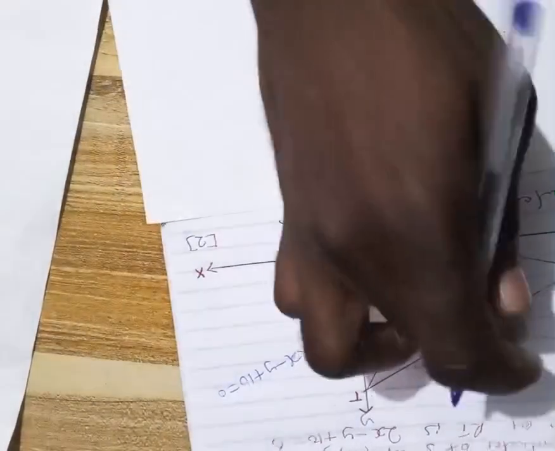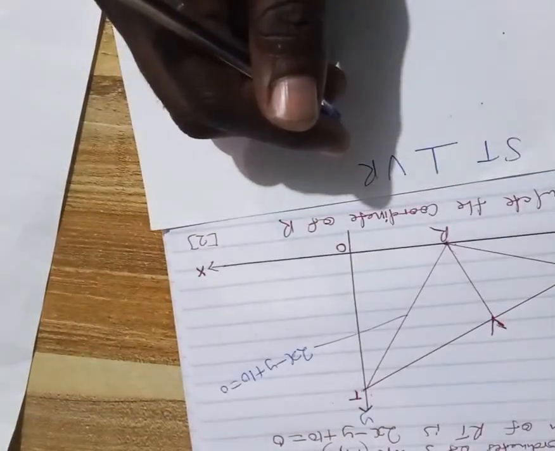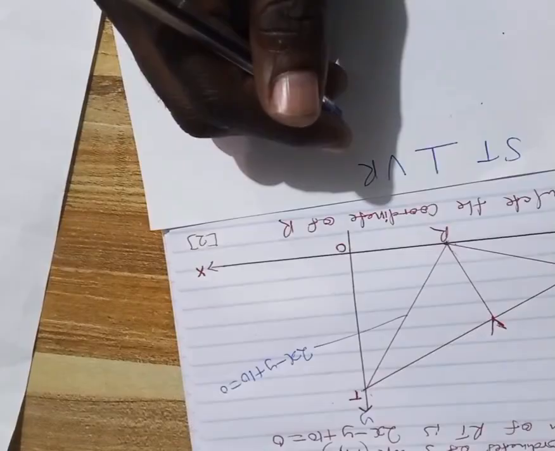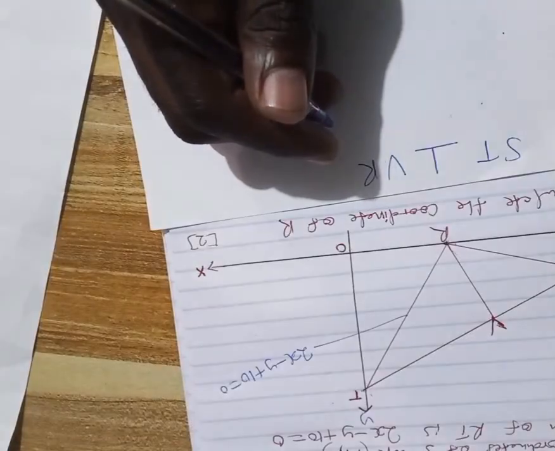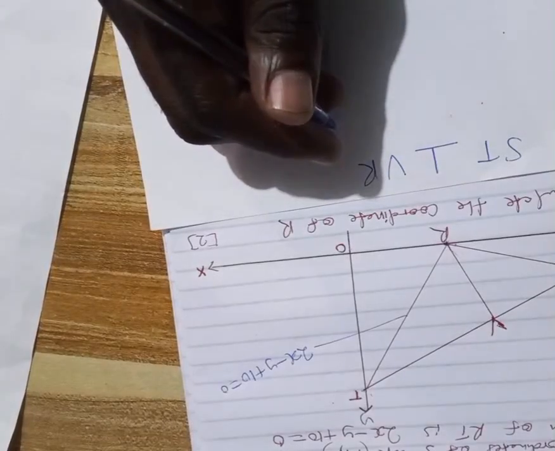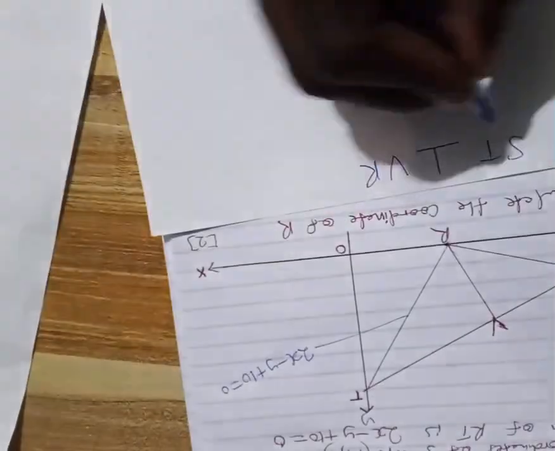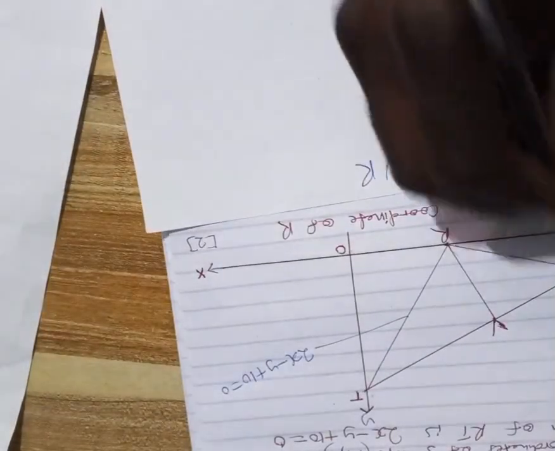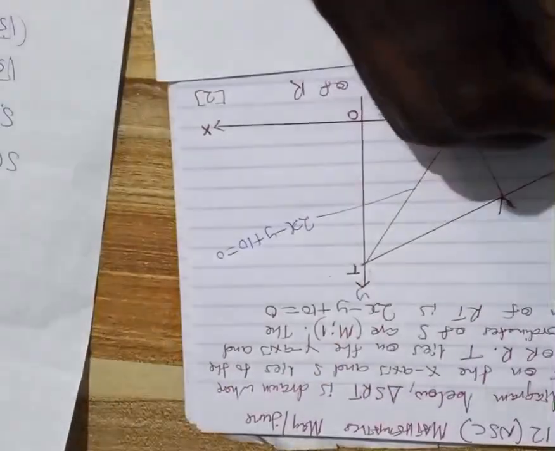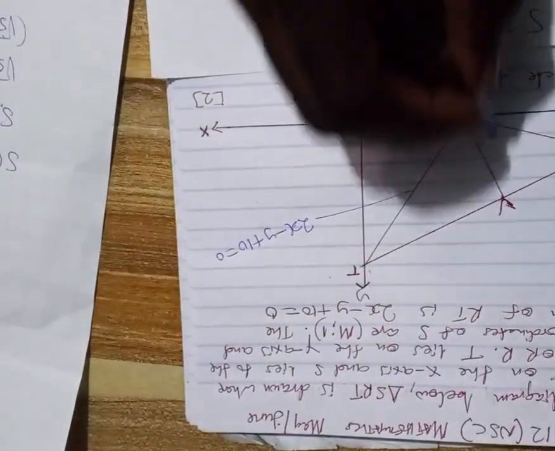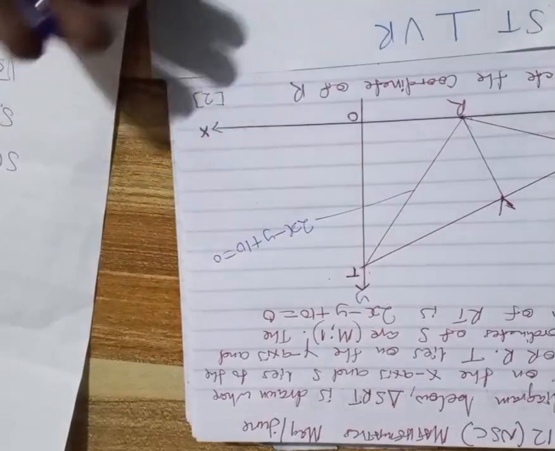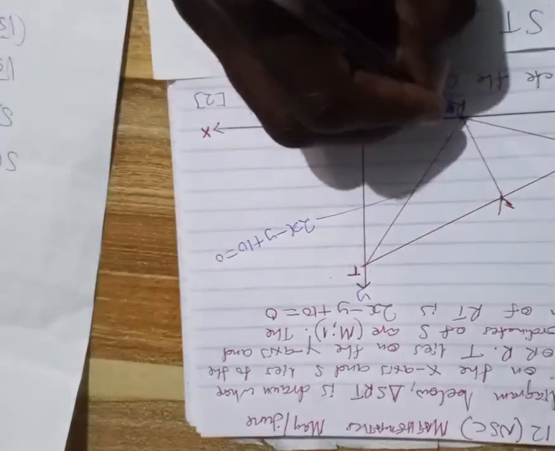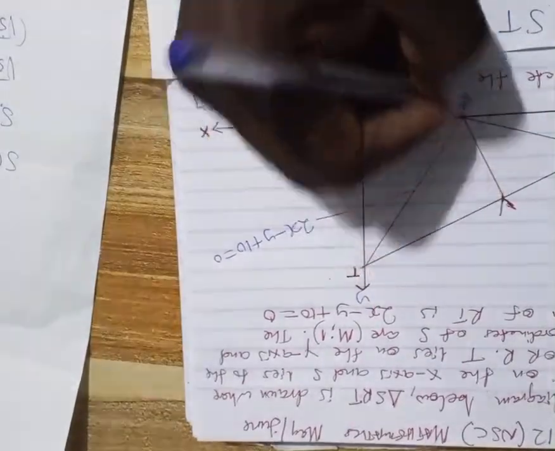To find the equation of VR, you're supposed to find the gradient of ST. Once you have the gradient of ST, to find the gradient of VR would be simple. Once you have the gradient of VR, to find the equation of VR is very simple.